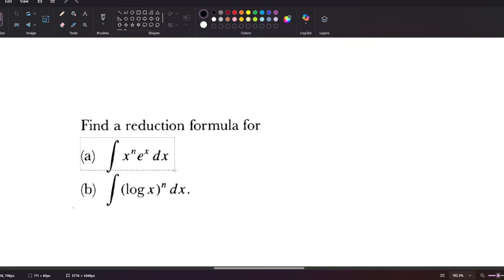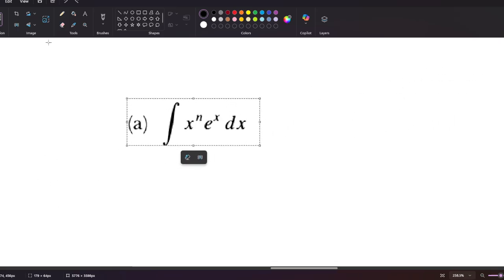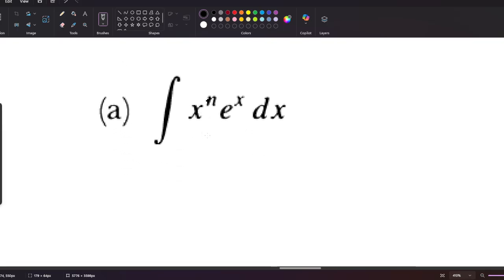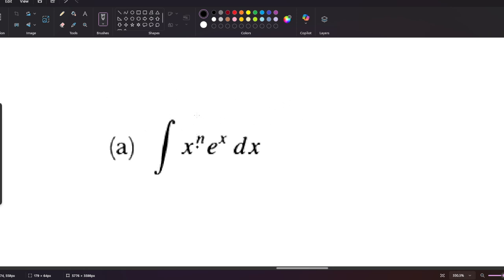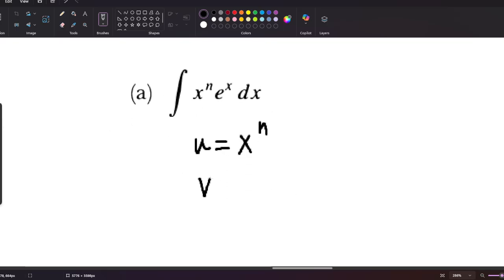Let's begin with the first one. We need to decrease the power n, the power of x here, and for that we need to use it as u in integration by parts. That will allow us to decrease this power. So let's take x to the power of n as u, and naturally for v we would take e to the power of x.